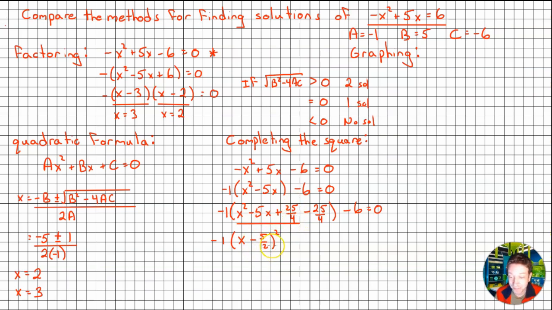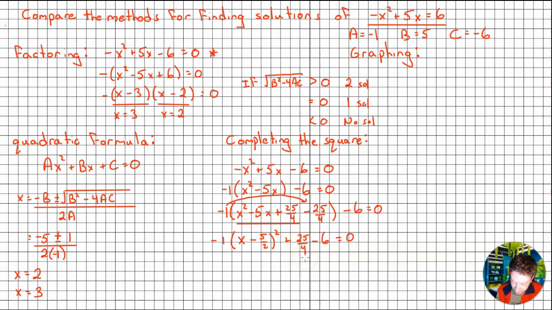But if we add them together, we get negative 5. So it works perfectly. And then this negative 25 over 4, if we pull it out of the bracket, we have to multiply or distribute the negative 1, so it becomes plus 25 over 4 minus 6 is equal to 0. All right, so now let's solve this.